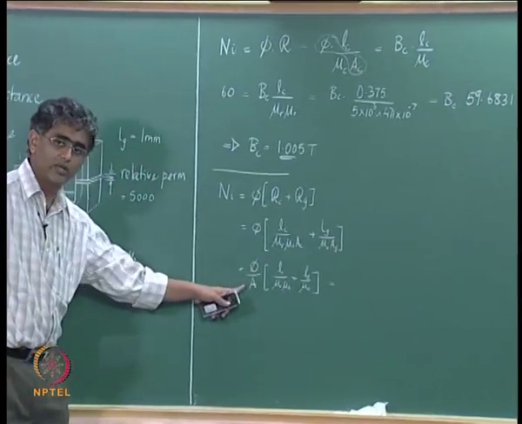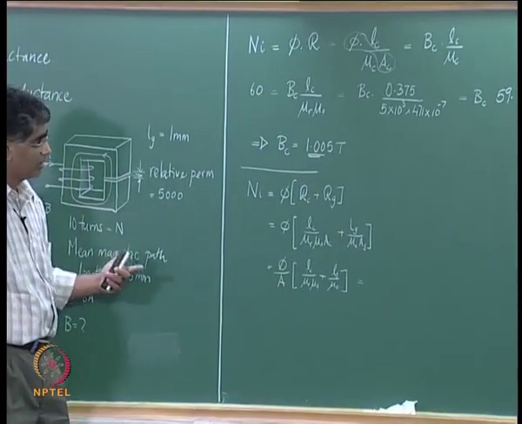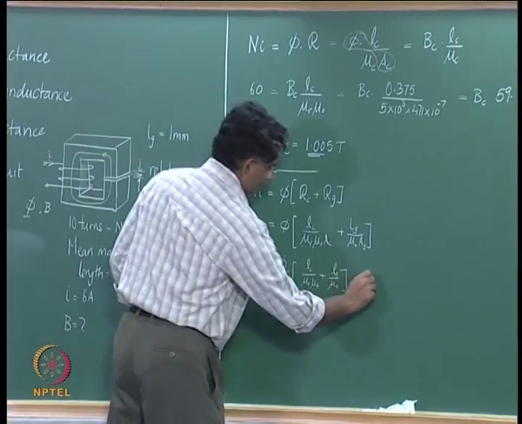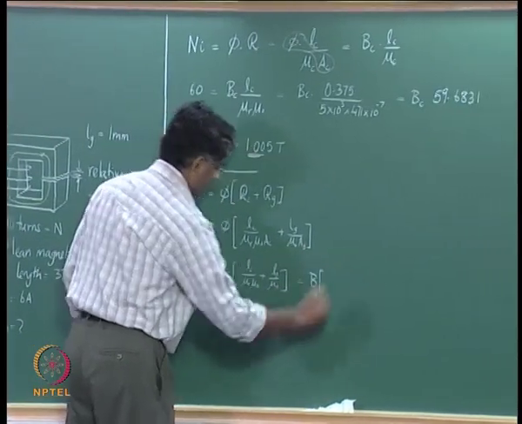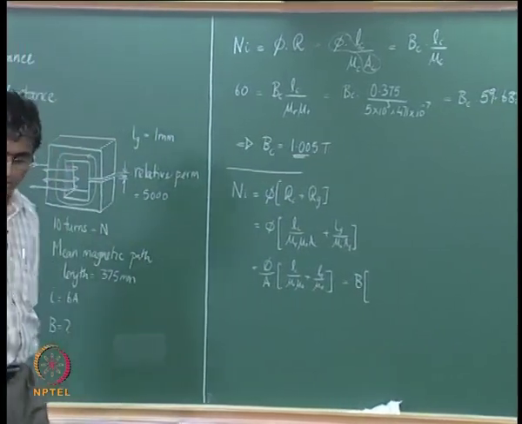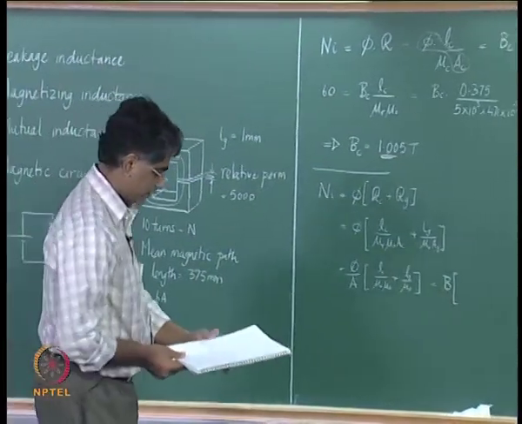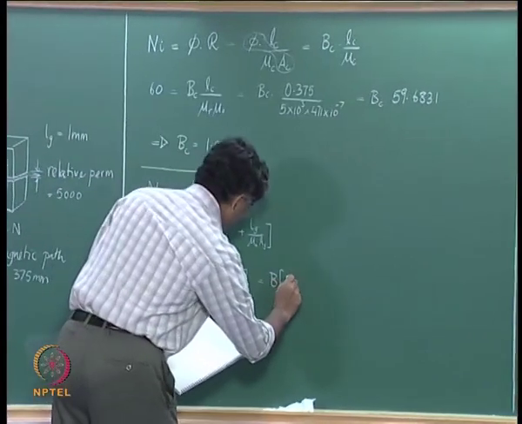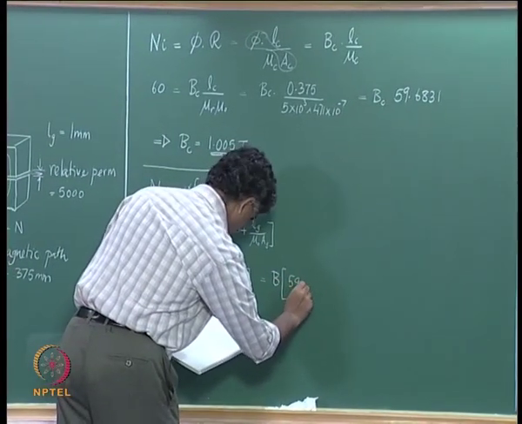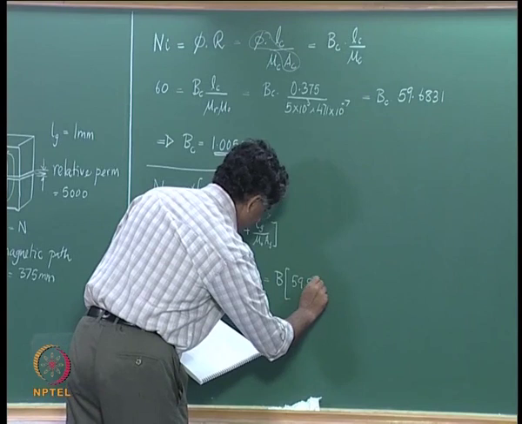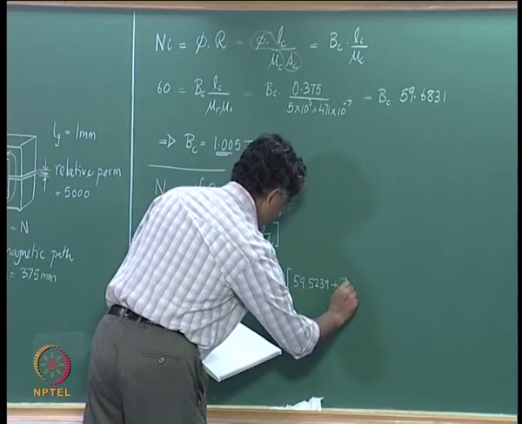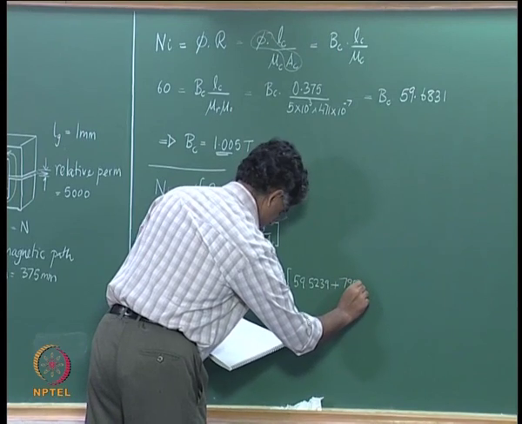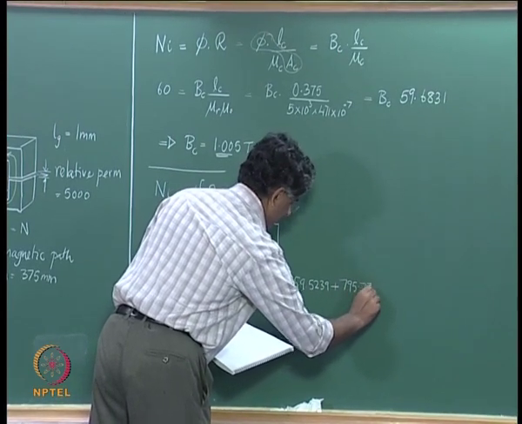Phi divided by A is nothing but B, and therefore that is the flux density multiplied by, let us get the numbers, and that works out to 59.5239 plus 795.7747.